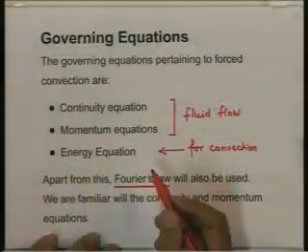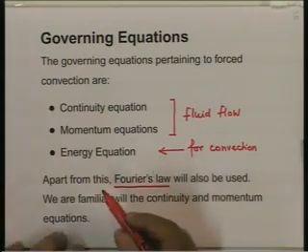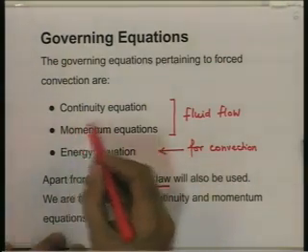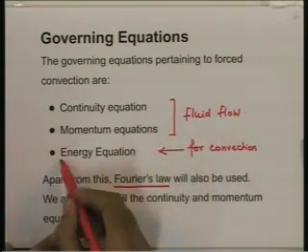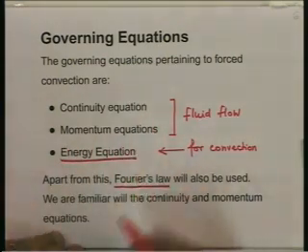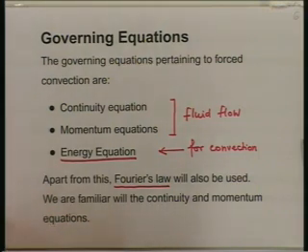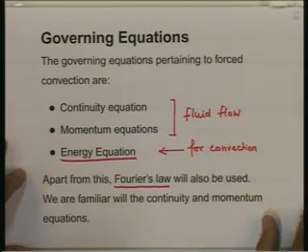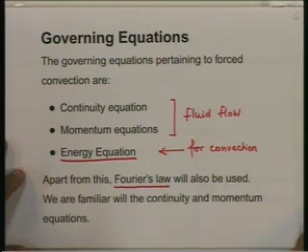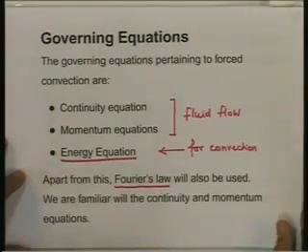We have to relate heat fluxes to temperatures and temperature gradients by using Fourier's law. So the equations for fluid flow will use the continuity equation and momentum equations. The additional equations used are the energy equation and Fourier's law of heat conduction. Since we have studied the continuity equation and the momentum equations already, let us look at the energy equation.